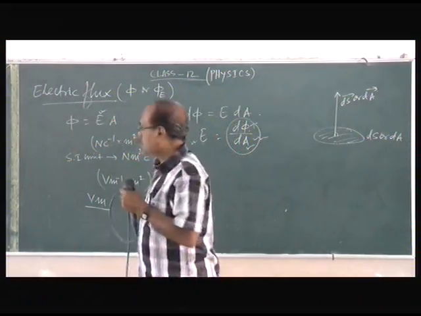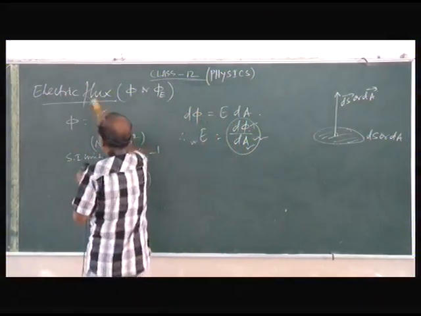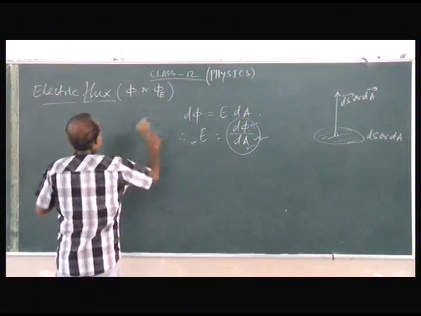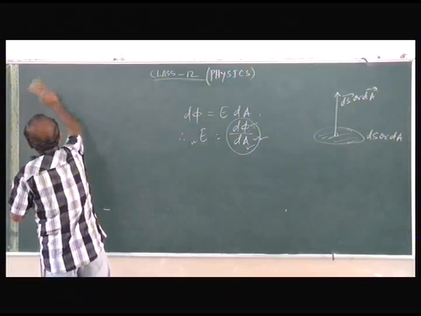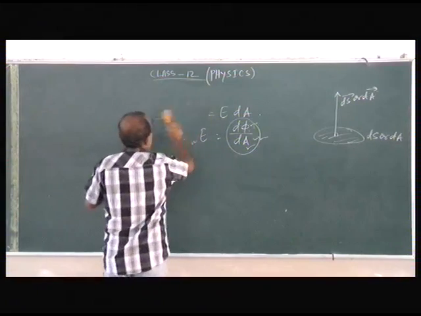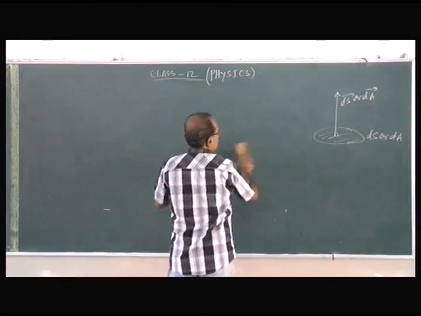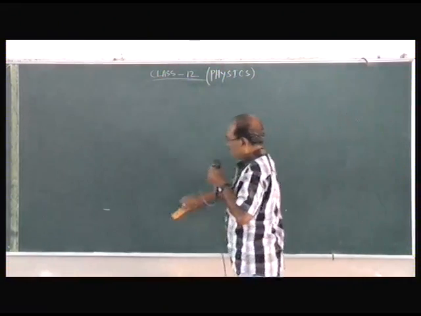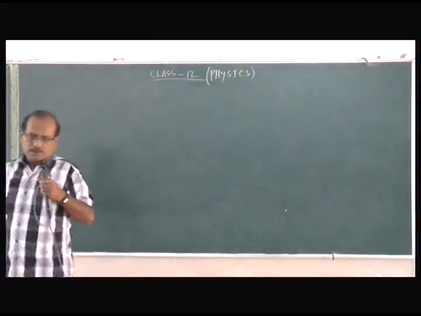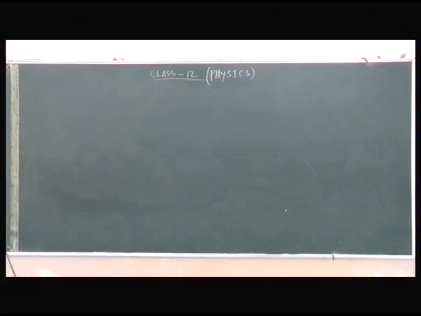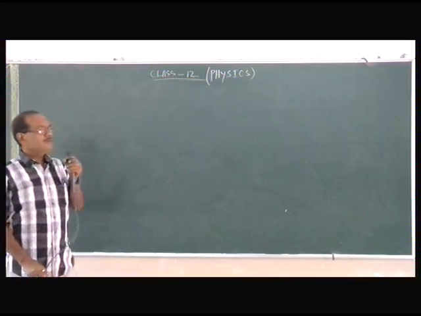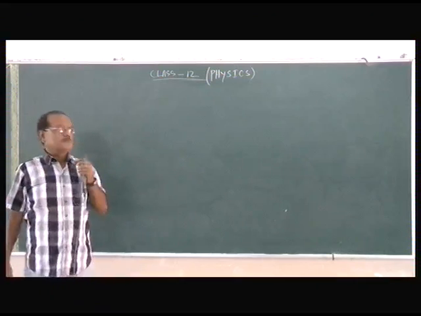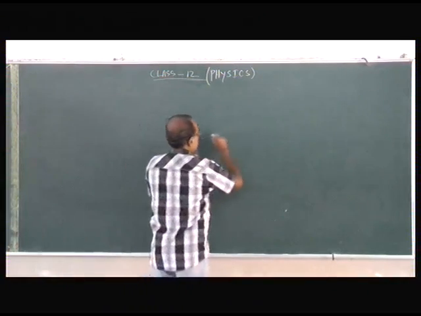Next term is solid angle. All these small things I am discussing will be used in Gauss's theorem. A simple example I am giving you is an ice cream cone.